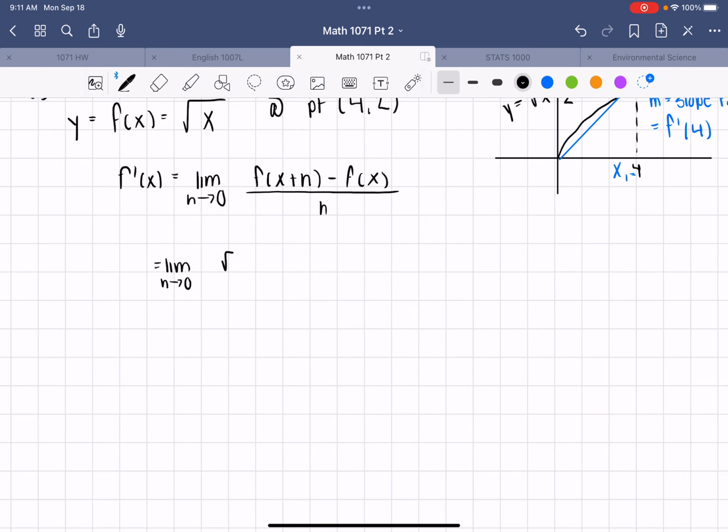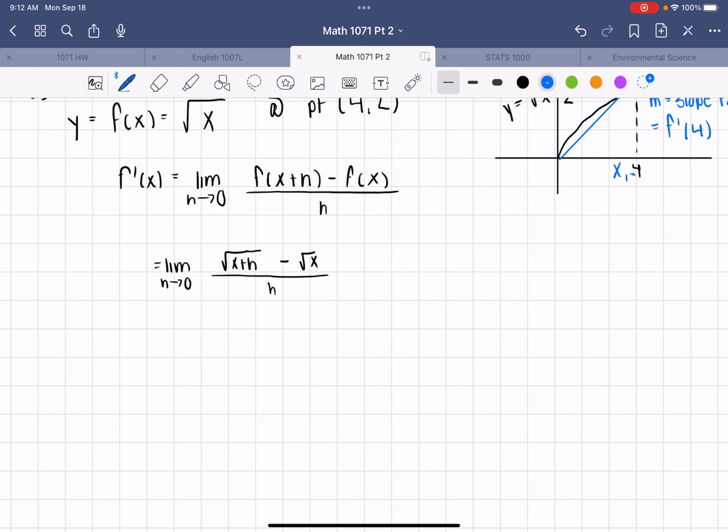And then the green bracket. People usually don't have trouble with the green, they have trouble with the blue, blue minus green. The green is f of x, meaning root x, all over h. And again, I keep talking about my funky boxes because you guys make this mistake.